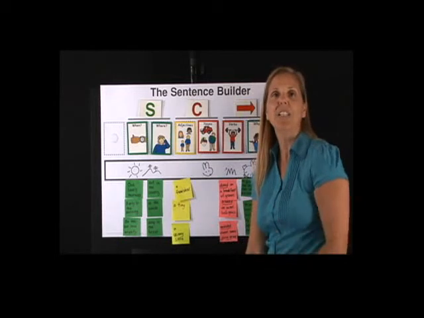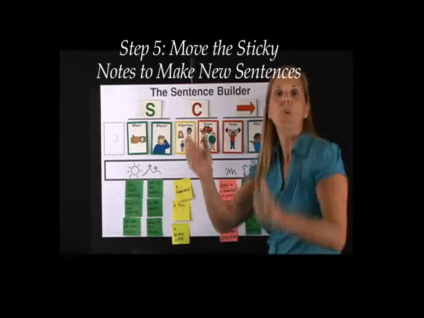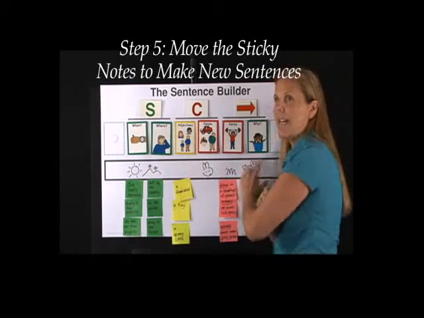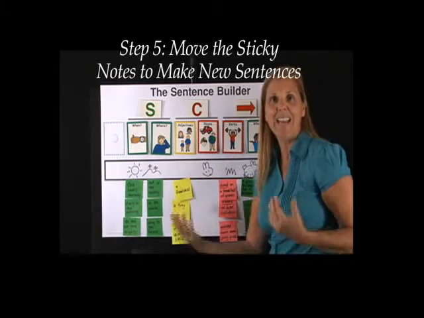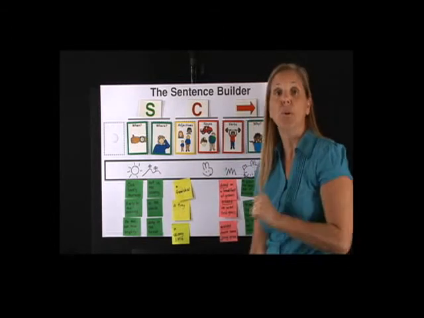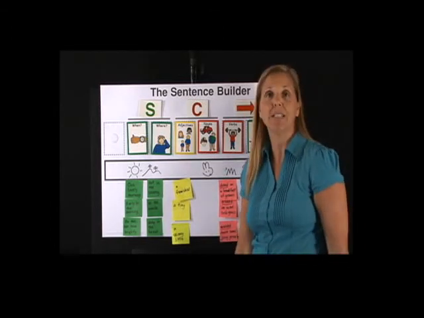And then finally we went to step 5 where we moved the sticky notes. We took a sticky note from each one of our columns to create a more sophisticated and exciting story opening sentence. This is a great way to help your kids come up with an opening sentence to their narratives that they're ready to write.